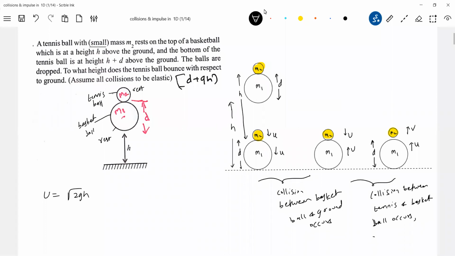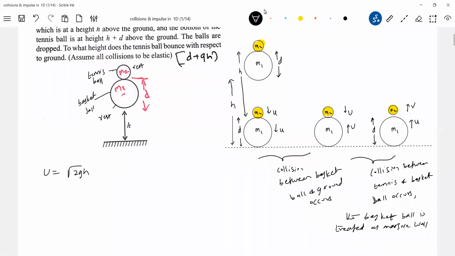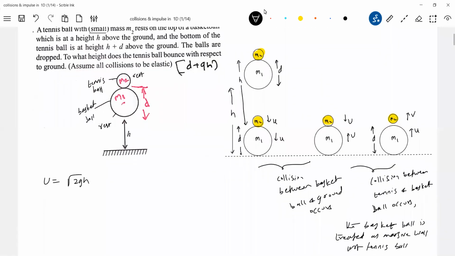The basketball is treated as a massive wall. With respect to what? With respect to the tennis ball. Okay, so this is the thing.